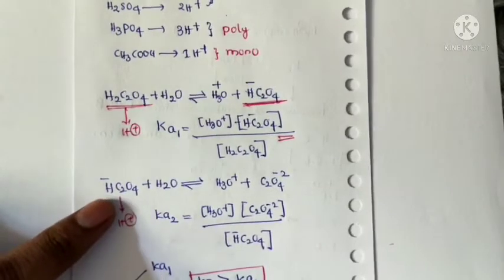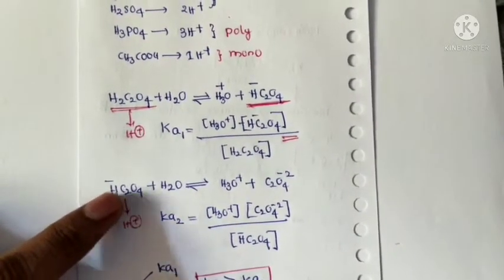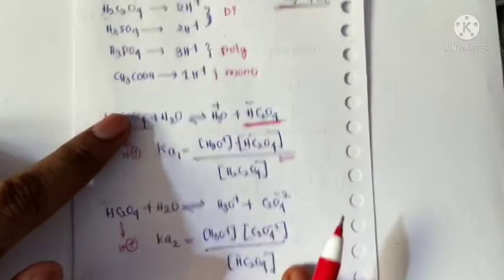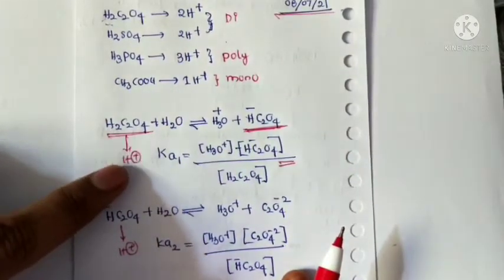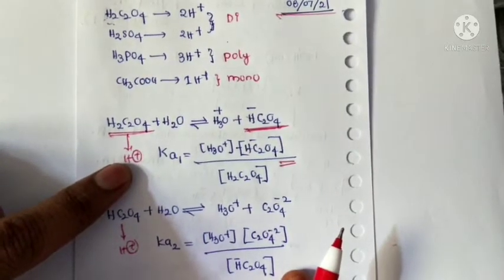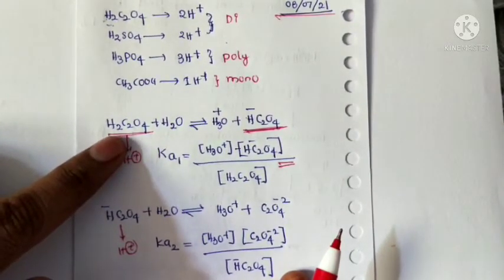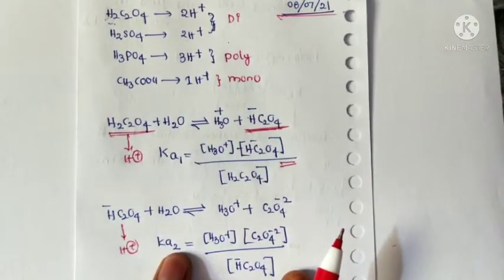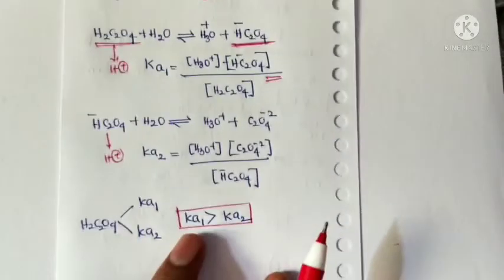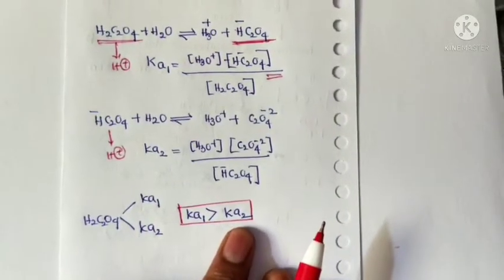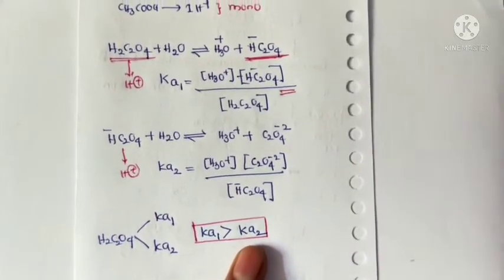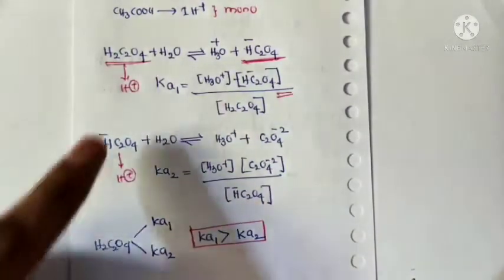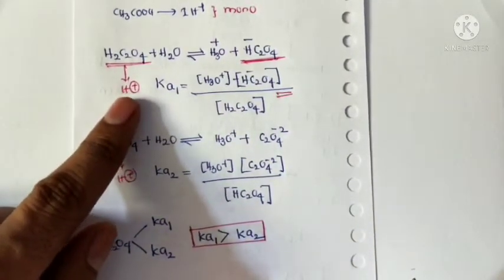That's why here a very small amount of molecules dissociate compared with here, because here it is a neutral molecule. That's why H plus ions are removed easily. That means more molecules undergo ionization compared with Ka2. So that's why the Ka1 value is larger than the Ka2 value, due to the presence of electrostatic attraction forces between undissociated molecules and dissociated molecules.